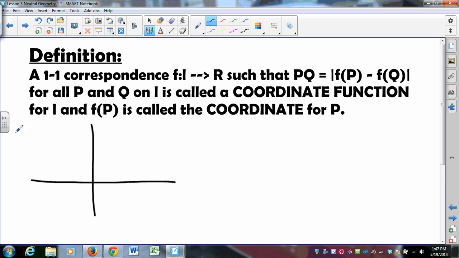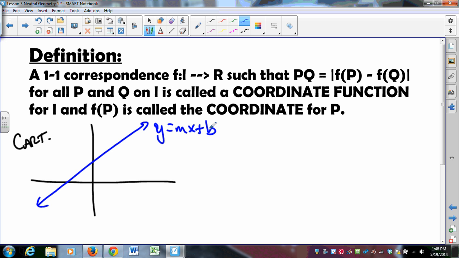Well, in the Cartesian grid, on the Cartesian metric, if you have some line, the traditional y equals mx plus b, we would call f of (x, y) x times the square root of 1 plus m squared. That is one coordinate function. The 1 plus m squared is somewhat intuitive.